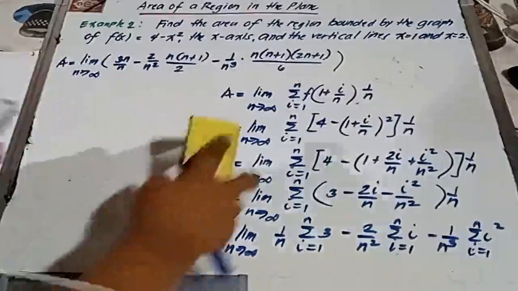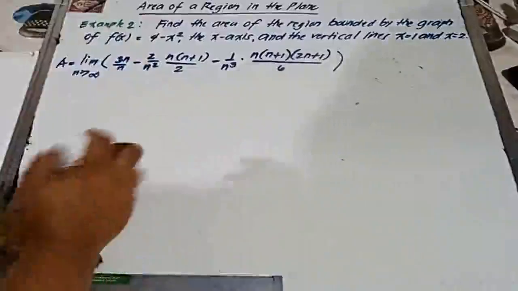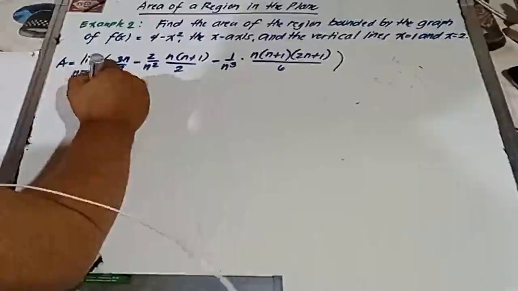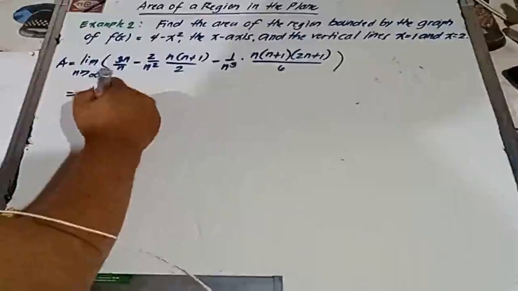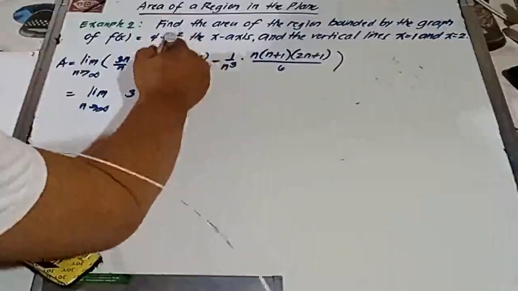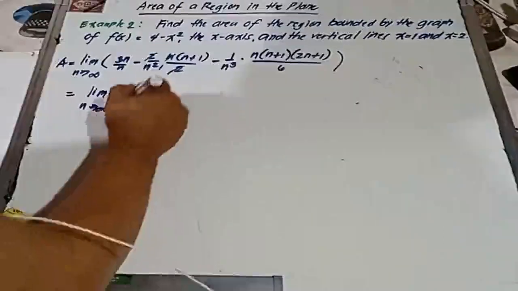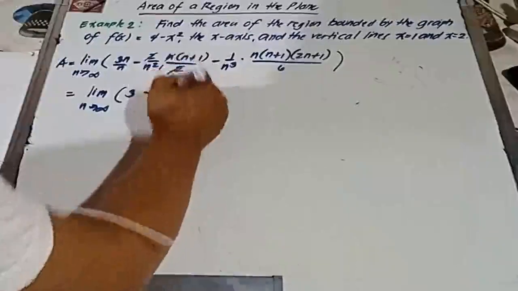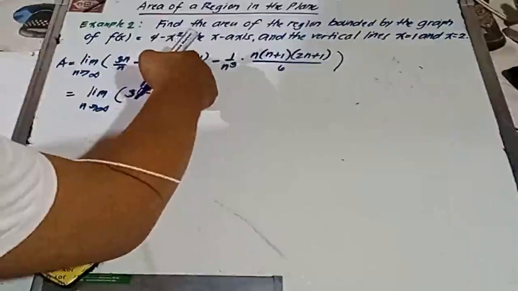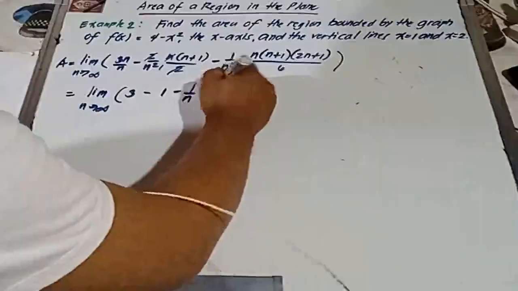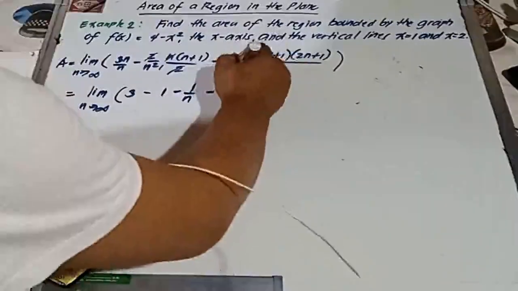Next is simplify natin. We have limit n approaches infinity. This is equal to 3. Cancel. May matitirang n. So we have minus n divided by n is 1. And 1 divided by n is 1 over n. So minus 1 over n. Minus. Cancel yung isa.